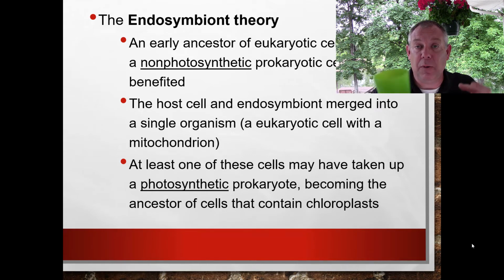It was a symbiotic relationship between that eukaryotic cell and that prokaryotic cell, and eventually the prokaryotic cell just became an organelle of the eukaryotic cell. And that's how chloroplasts evolved.